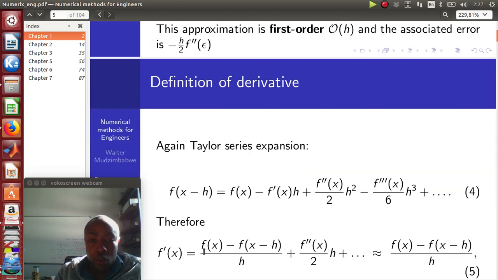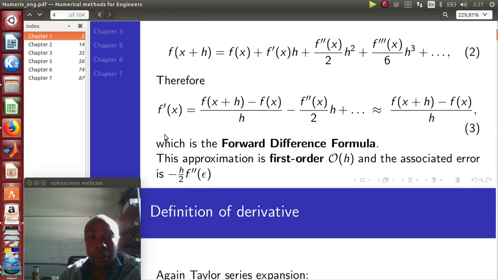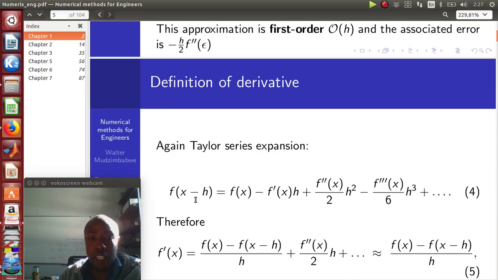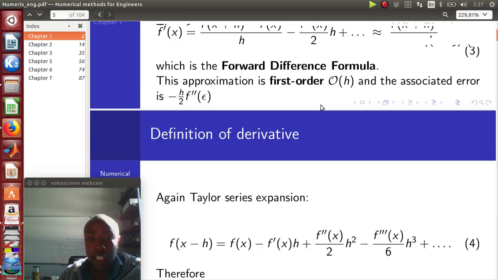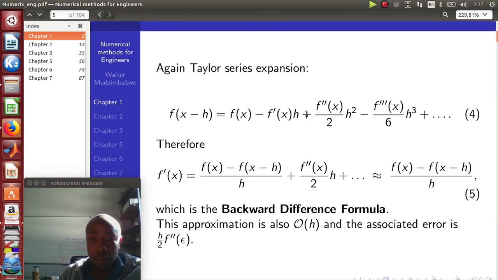Now you can also write the Taylor series expansion as this. Instead of plus here, we now have minus. You can replace plus h with minus h here. Everywhere you see h, you replace it by minus h, and then you will get this.